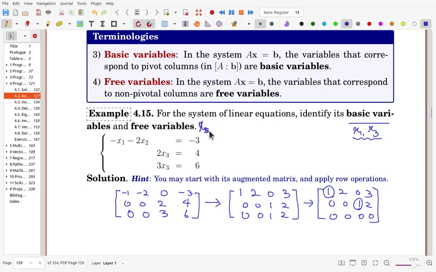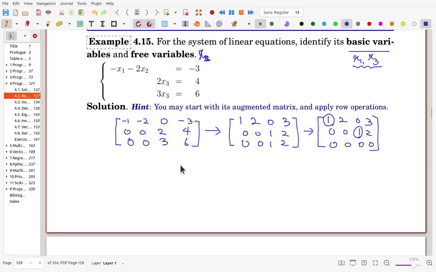Let's see why it is called free. The system here is the same as this one. The first row is the same as x1 plus 2x2 equals 3, and x3 equals 2. The second one is the same as x3 is 2.